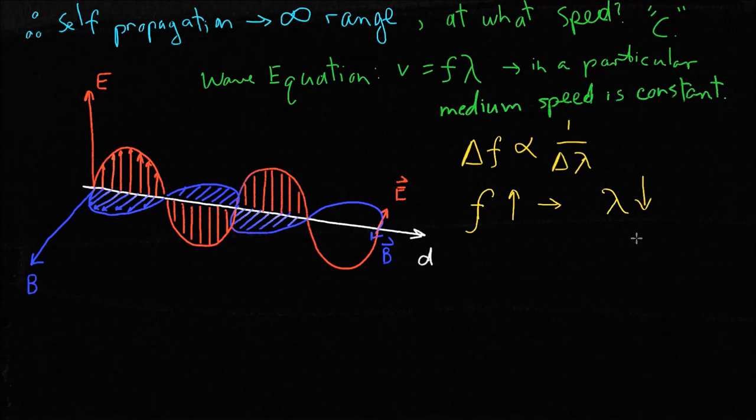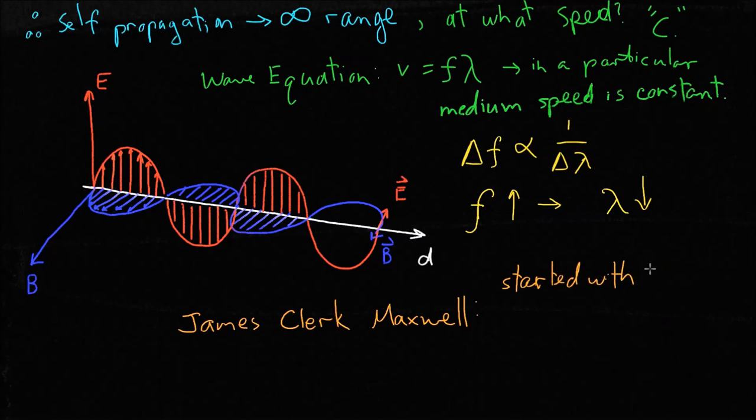Now, a couple of hundred years ago, a very clever physicist called James Clerk Maxwell was looking at how electric and magnetic waves propagate in space. And he started out with just the electric field changing in space and the magnetic field which was induced by it and also changing in space.